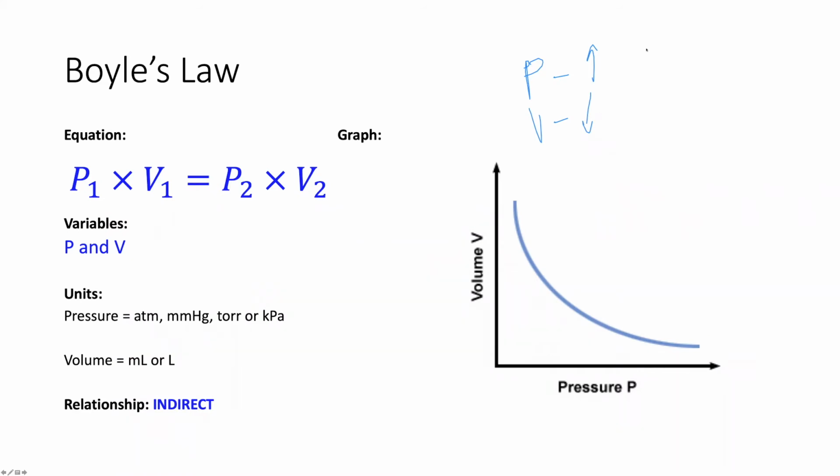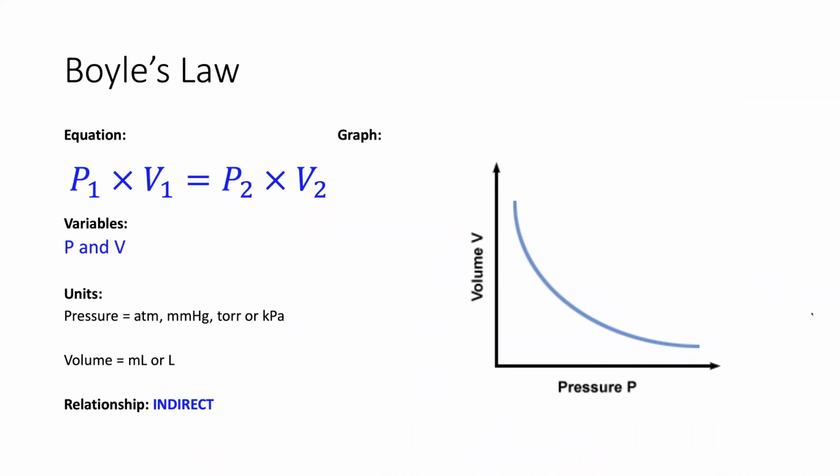If P decreases, then V would increase as well. What happens to one, the other gets the opposite of. So when it comes to these problems, you can always figure out, if my pressure is going to increase, therefore my volume is going to decrease as well. So keep that in mind.